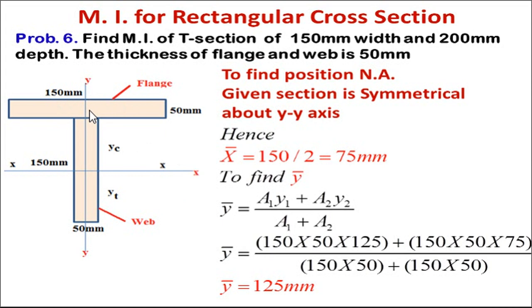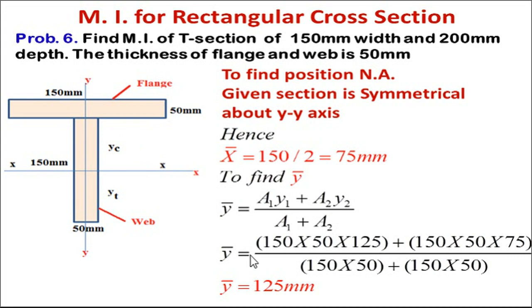Y1 means the center of this figure from the bottom. From the bottom it will be 150 plus half of 50, 150 plus 25. Actually it should be 175. So 125 is wrong here.